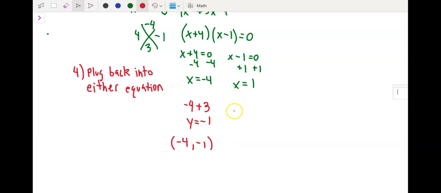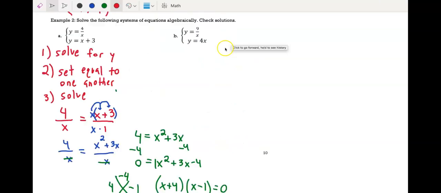And then here, remember, it was the equation x plus 3. So I'd have 1 plus 3, which would give me that y is equal to 4. So my solution would be the point 1, 4. And then these would be our two solutions that we found for this system of equations, doing it algebraically this time.